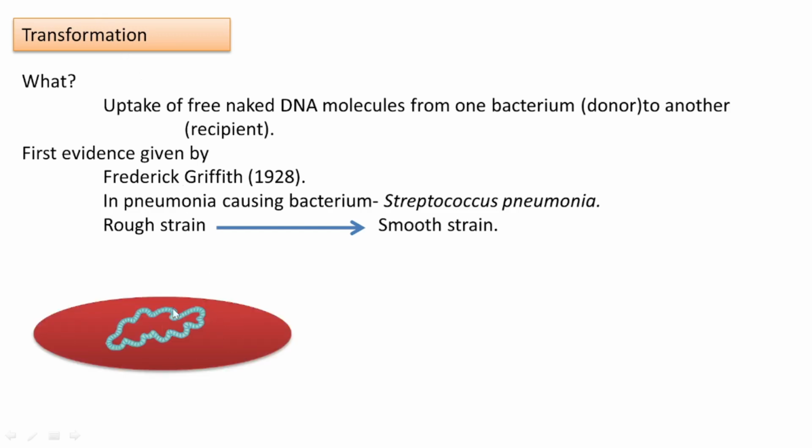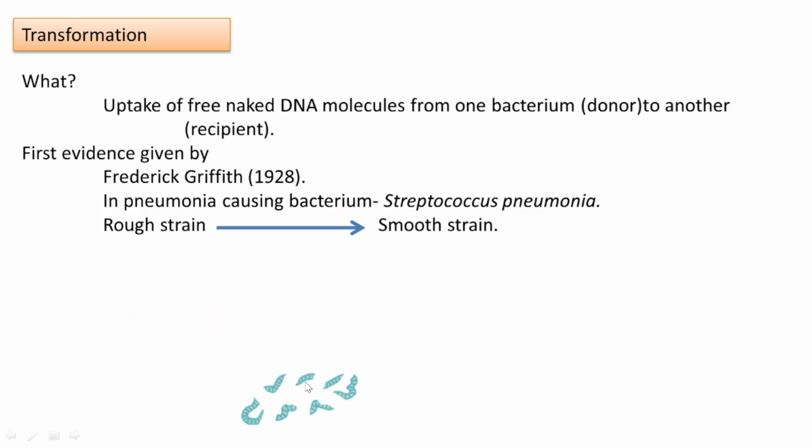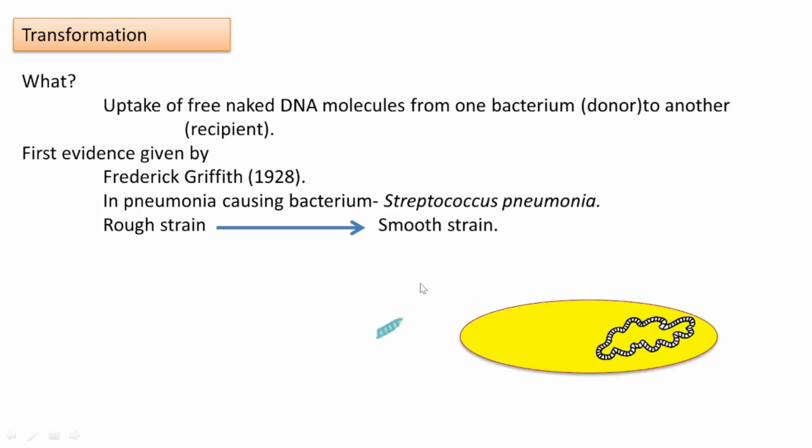Suppose this is a bacterium, having its own single circular double-stranded DNA. When this bacterium is destroyed, its genetic material also gets fragmented, and some of the fragments happen to get attached to the body of some other bacterial cell.